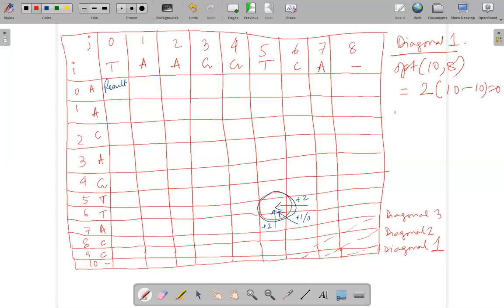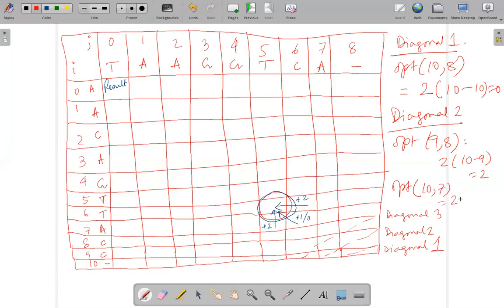Diagonal 2 has two elements: OPT 9, 8, that is 2 into 10 minus 9, that is 2, and OPT 10, 7, that is 2 into 8 minus 7, that is again 2.